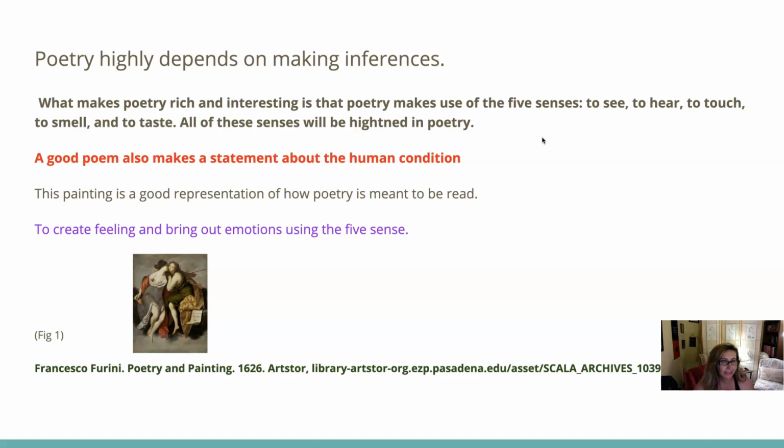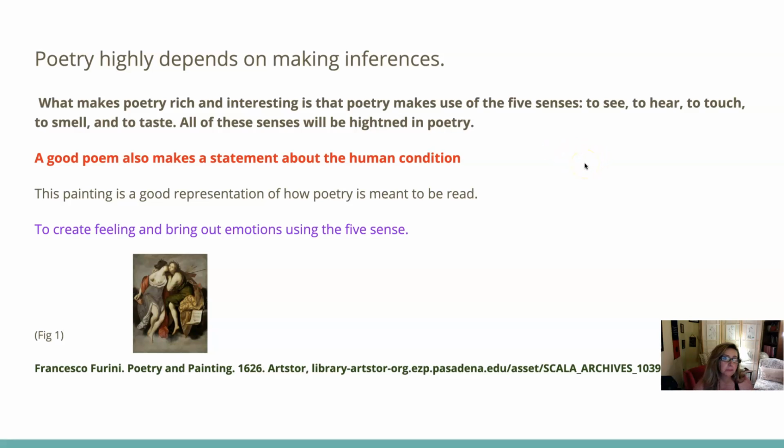This painting I have here represents how poetry is meant to be read. So it's to create feeling and bring out emotions using the five senses. So if you see here, there's the sense of touch, obviously to see. You can also imagine what the smell is like with the silk clothing, and the feeling is very soft, and it creates a lot of emotion.